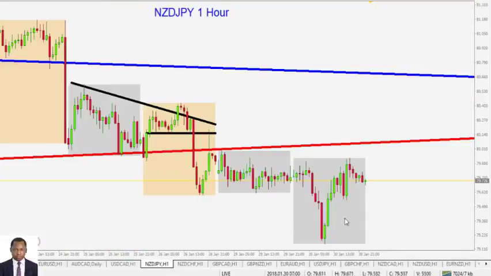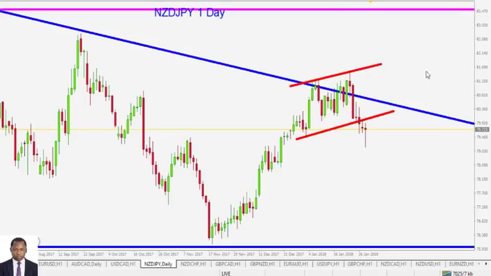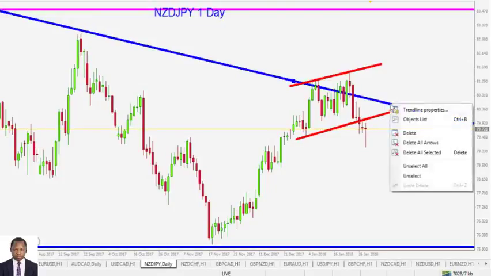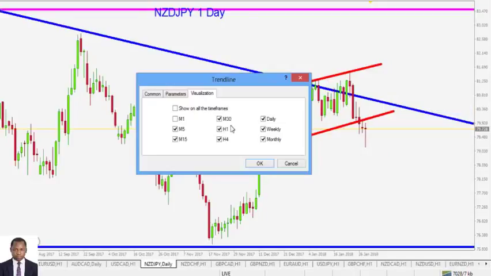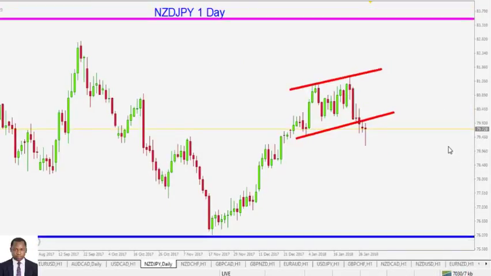All right, next one, New Zealand dollar against the Japanese yen. This is the daily time frame. Let me take out this line. Let me just remove this from here. Okay. Initially we had price within this channel.